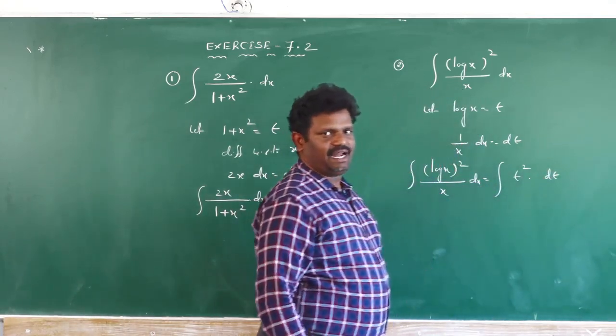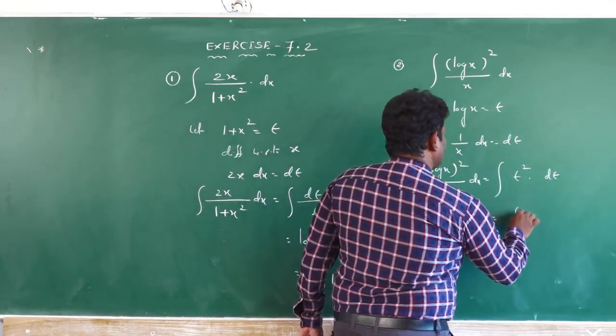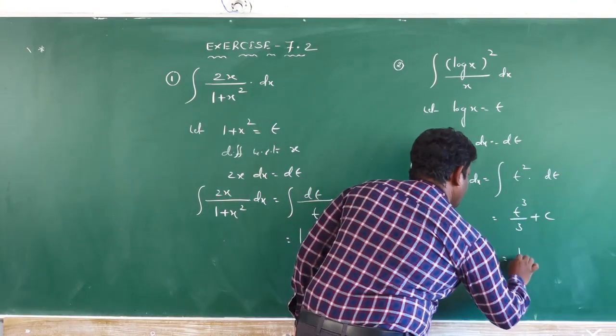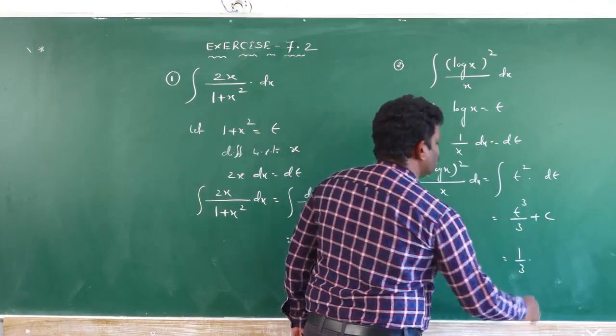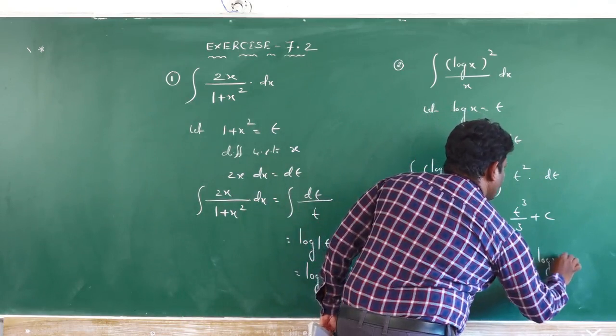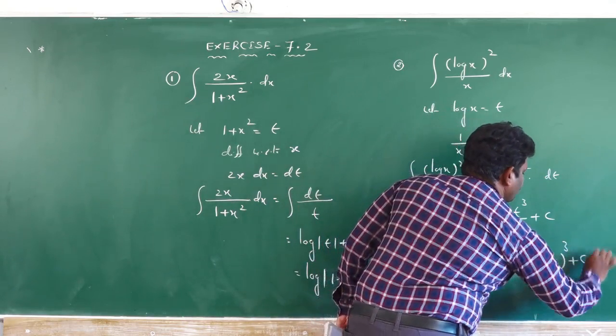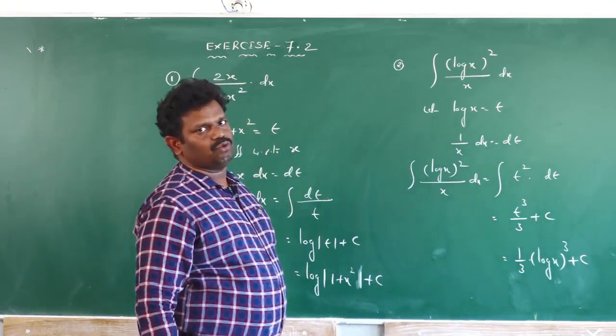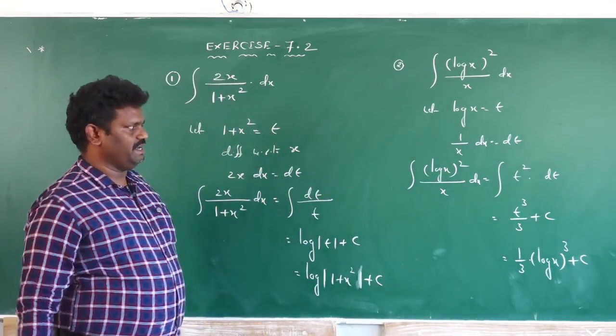Now we apply the standard result, then we get t cube by 3 plus c. But t is equal to log x, so we get 1 by 3 into log x whole cube plus c. Okay? So that is the solution of the second question.